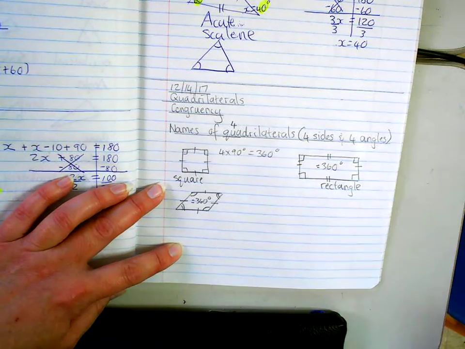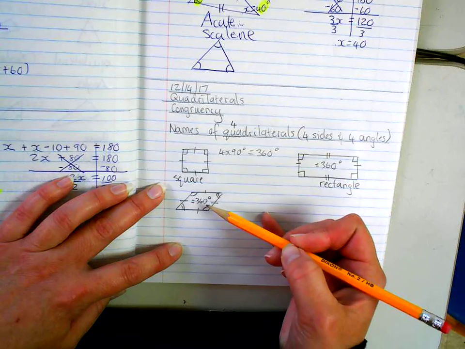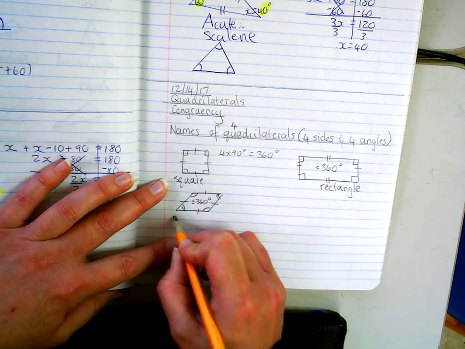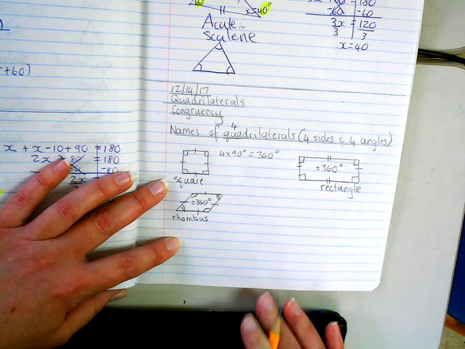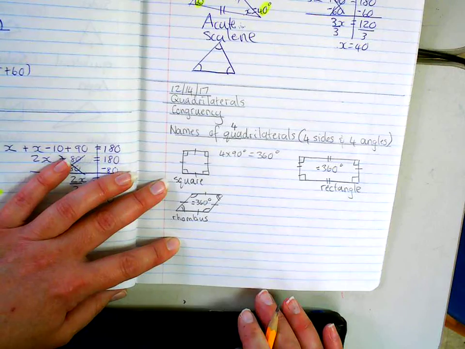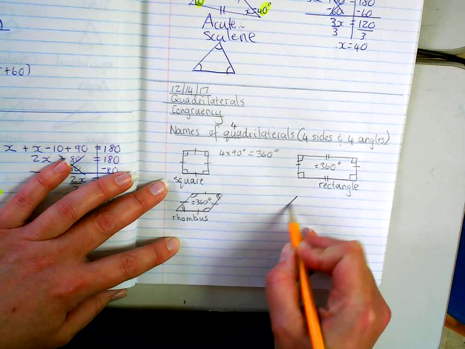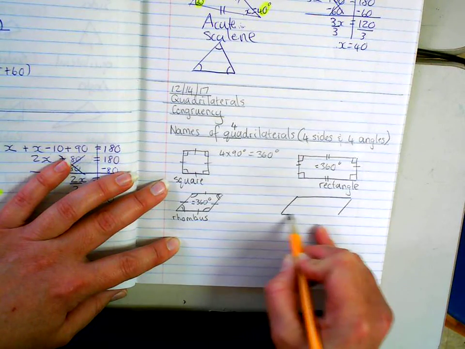Now, what do we call this little shape? The square that became a pushed over square is called a rhombus. There we go, a rhombus. All right. A rectangle, same thing. When I push it over, it has basically the same qualities.